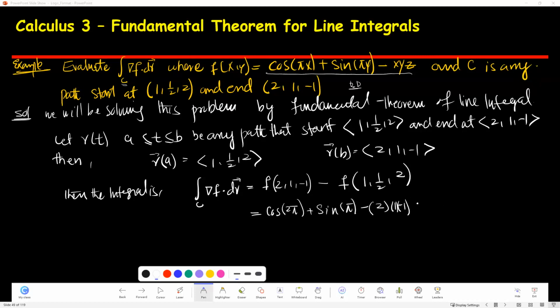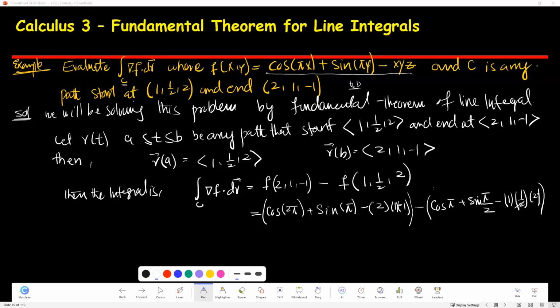Okay, these are the values I substitute. Then minus, I'm going to put bigger parentheses just to be clear, so this is in one parenthesis, this is in another parenthesis. cos pi plus sine pi by 2, minus 1, then half, then 2.